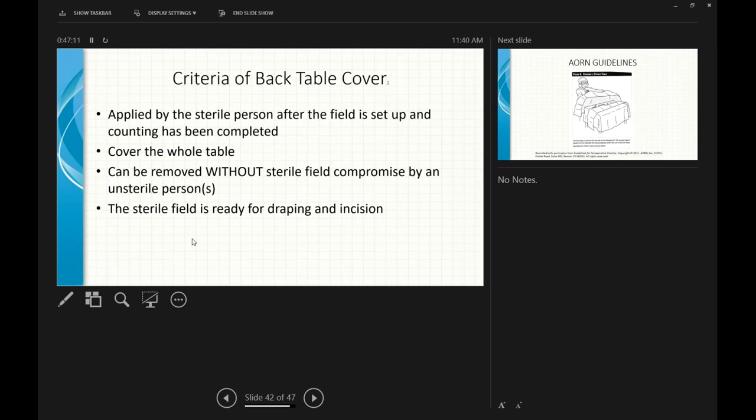And this is the tricky part. It has to be removed without sterile field compromise by an unsterile person. When it's removed, then the sterile field is ready for draping in the incision. So no time is wasted.